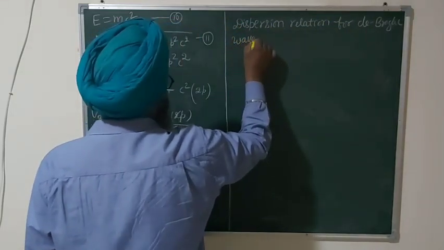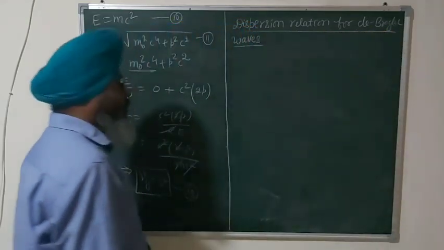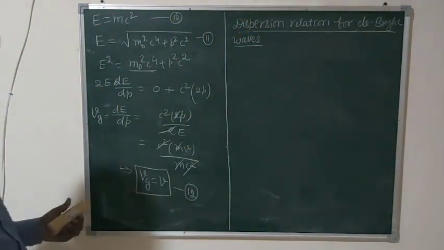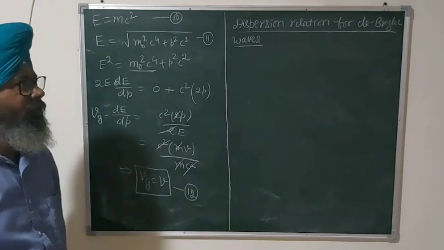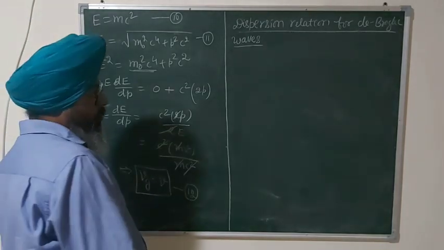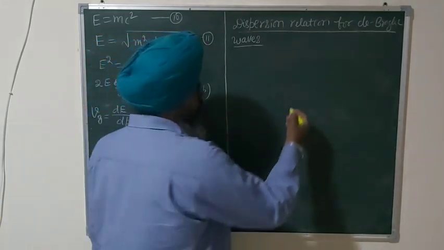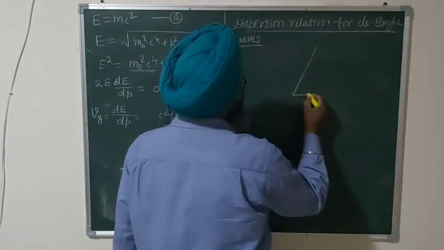I have just given it a heading to tell you that it is related with dispersion. Instead of going to this topic straight away, let me just recapitulate the dispersion that we have studied in case of light. What was the dispersion in case of light?